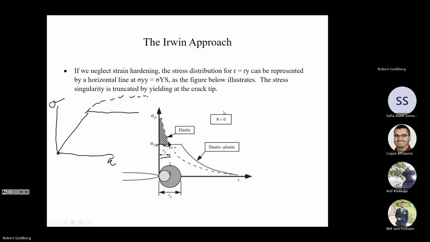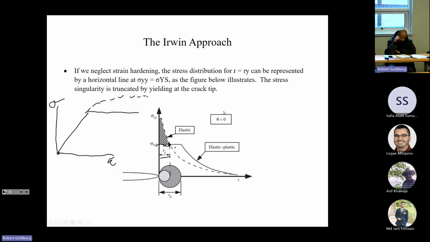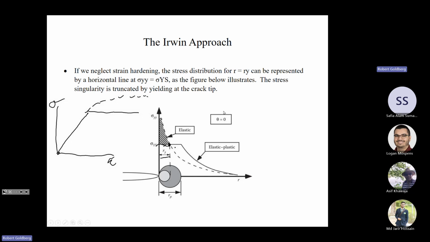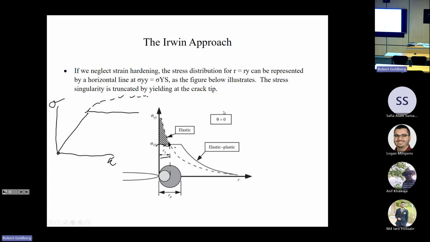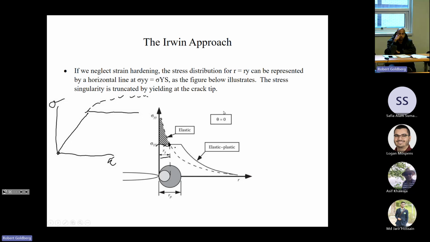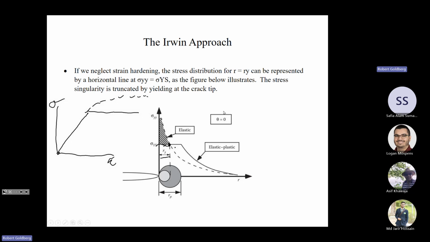But this simple analysis is not strictly correct because it was based on an elastic crack tip solution. We assumed that everything behaved perfectly until it got here, and then you just arbitrarily truncated things. Now, in real life, once you get yielding, your stresses have to redistribute in order to satisfy equilibrium.